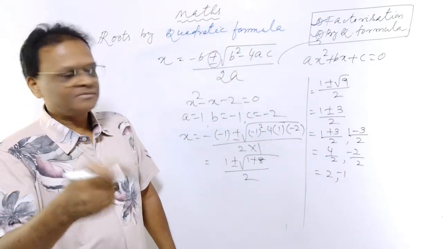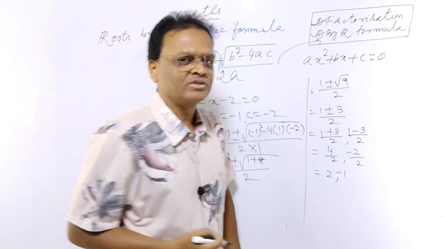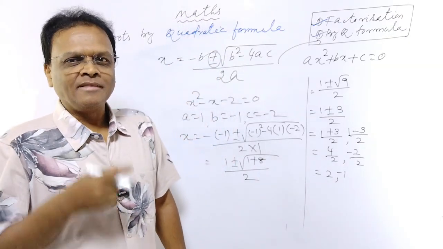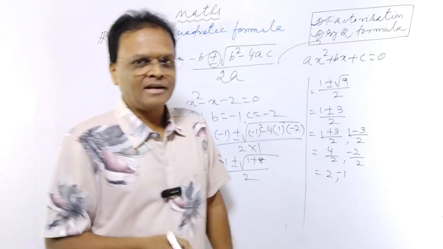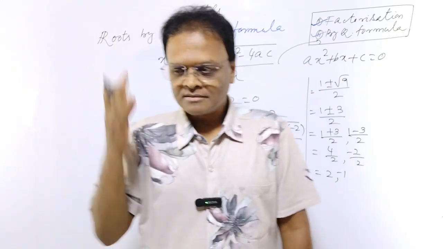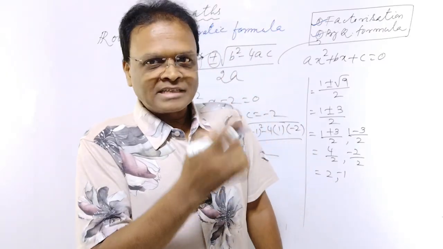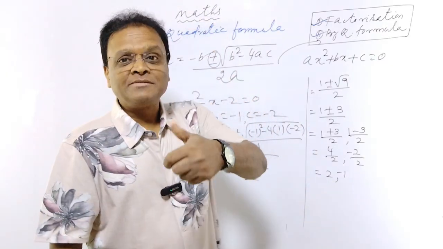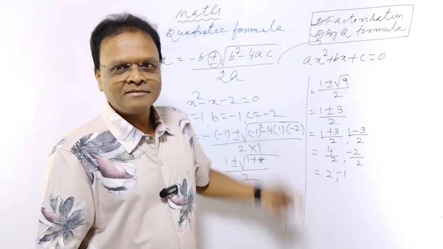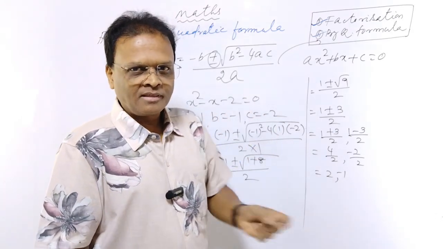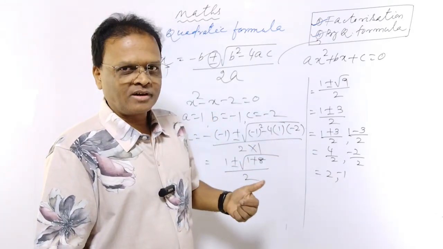It decides the future of the equation, the nature of the equation. What kind of nature, that we will discuss in the next video. Okay, till then, next video. So next video is what? We are going to decide the nature of the quadratic equation, the DNA of the quadratic equation.